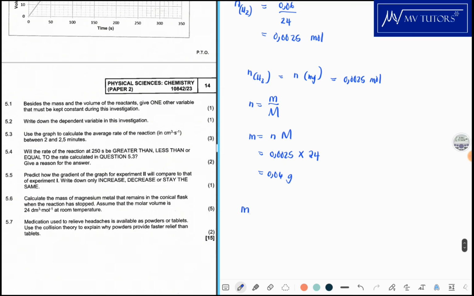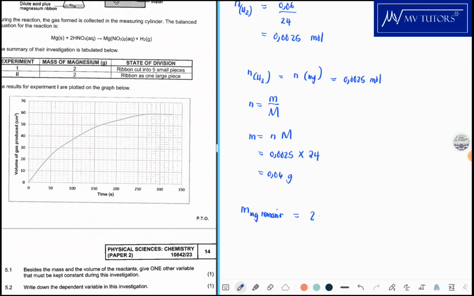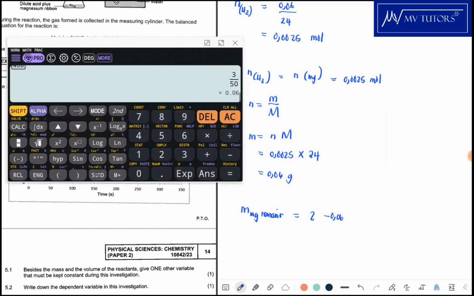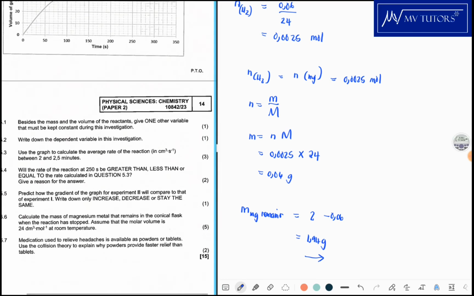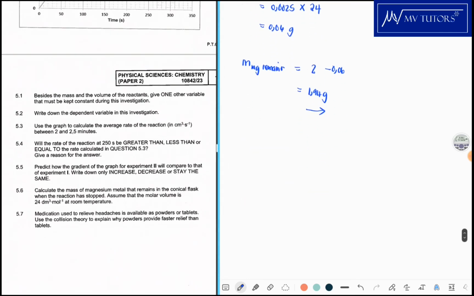Okay, so the mass of magnesium that remains, initially we had a mass of 2 grams. So 2 minus 0.06. Okay, 2 minus the answer, and that is 1.94 grams. And that's basically that. For how many marks? 5 marks. Yeah. I think it was worth the 5 marks.